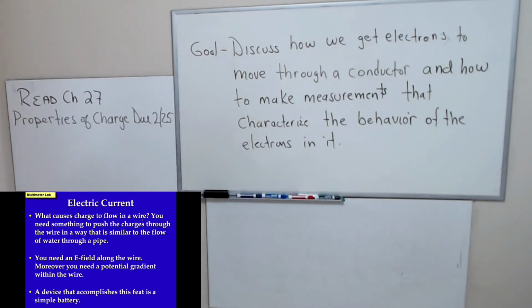Jacob, let me take a look at your question. Is there a particular ground that works best? You're talking about for the properties of the charge lab? I mean, you can use any metal pipe, because metal pipes will go into the ground, so any metal pipe would be fine.